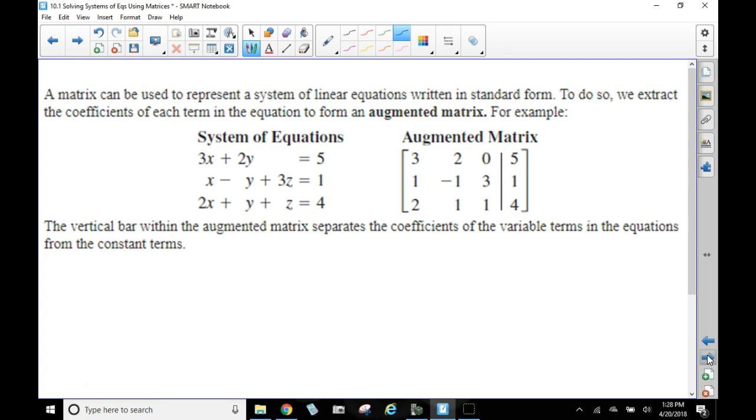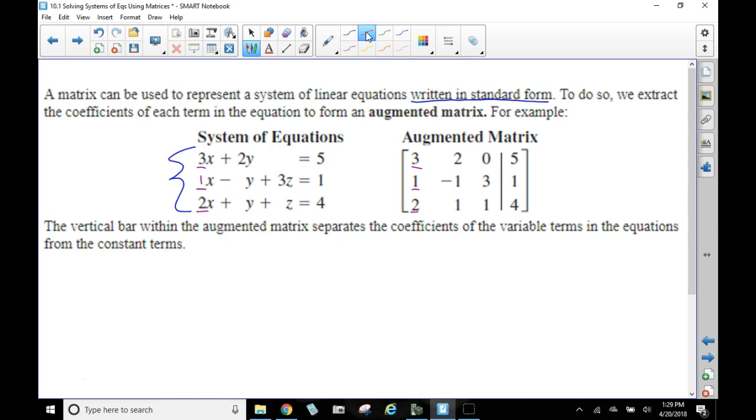Okay? Now, it says a matrix can be used to represent a variety of things, such as a system of linear equations when written in standard form. If it's not already organized where every variable is on one side and the number on the other side, then you need to move it around to get it into standard form. Then we can write the coefficients of the x values in the first column, 3, 1, 2.